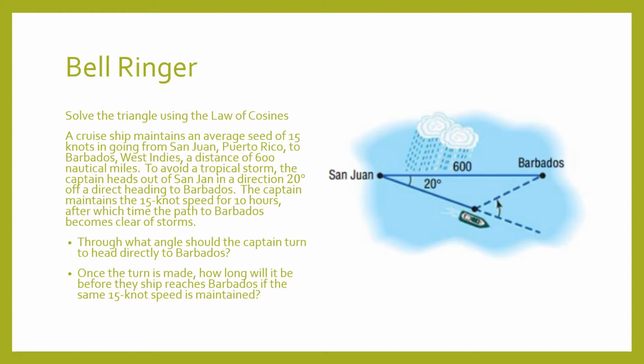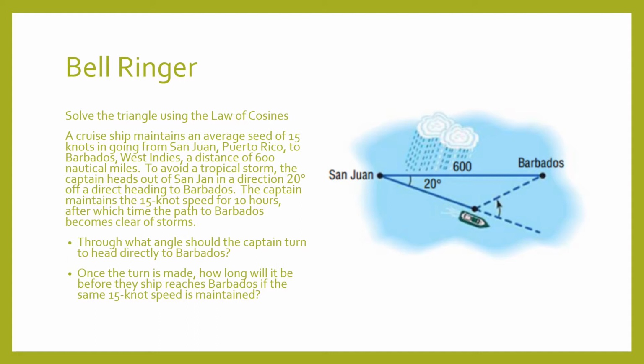The captain maintains the 15-knot speed for 10 hours, after which the path to Barbados becomes clear of storms. Through what angle should the captain turn to head directly to Barbados? Once the turn is made, how long will it be before the ship reaches Barbados if the same 15-knot speed is maintained?